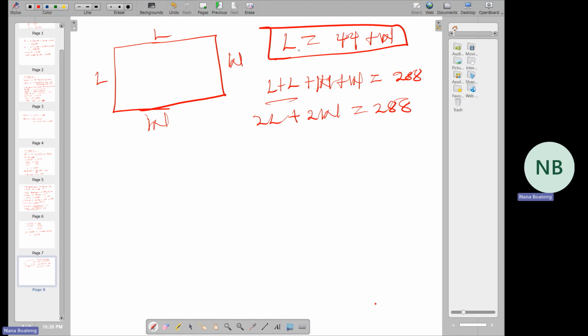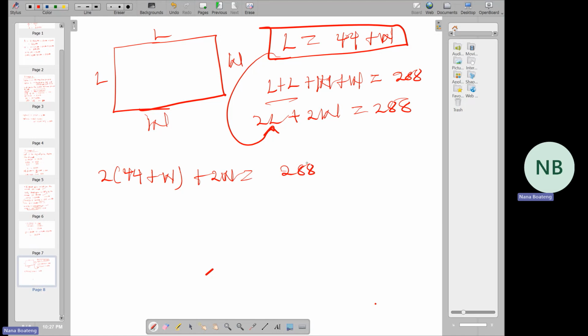So if we substitute this in place of L, then we have 2 times (44 plus W) plus 2W is equal to 288.